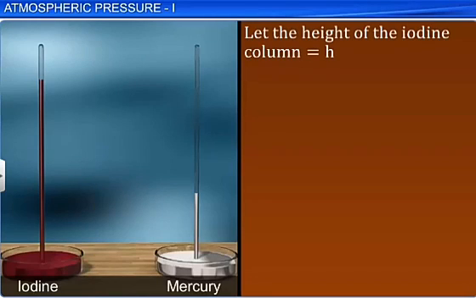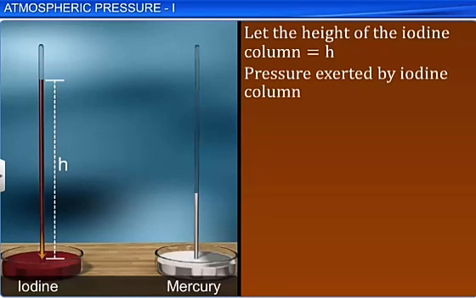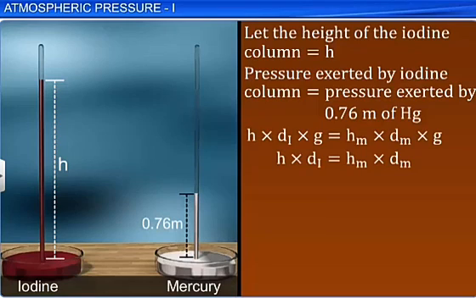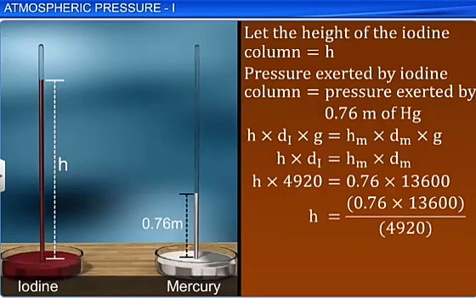Let the height of the iodine column be h. Pressure exerted by iodine column is equal to pressure exerted by 0.76 meter of mercury. Substituting and simplifying the values, we get the height of iodine column as 2.1 meter.